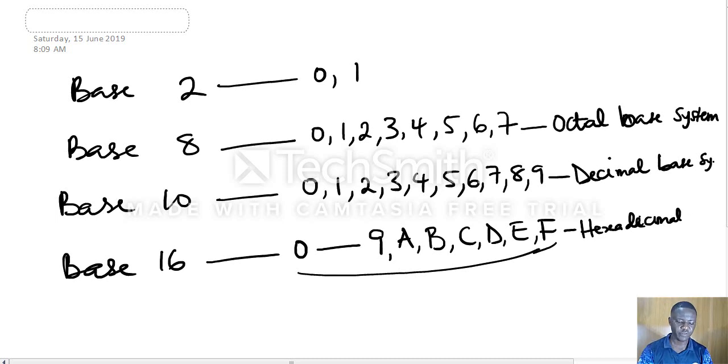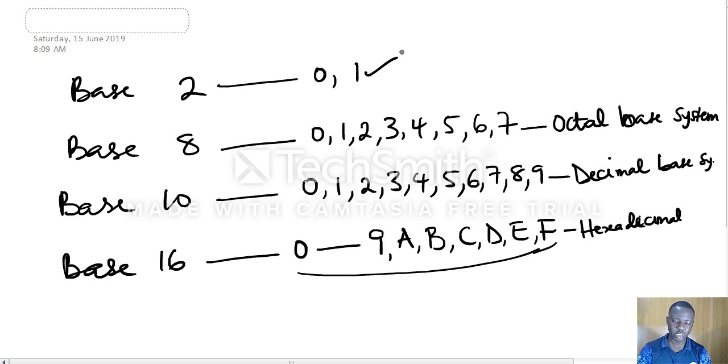Having known the different kinds of number-based systems that we have, it is also good that we know how each of these operates. Like the base 2 system is mostly used by our computer devices, because most of the circuits in our systems have just 2 operations, which is the on and the off system.